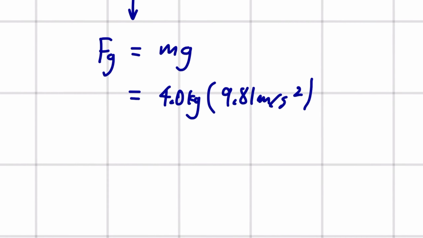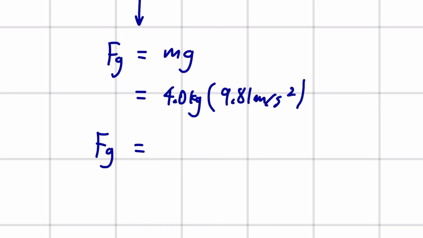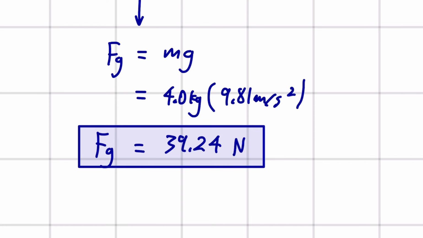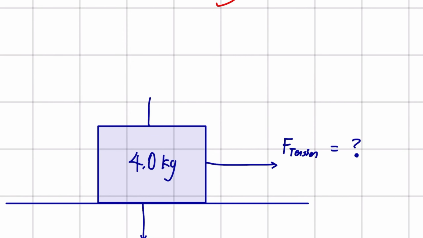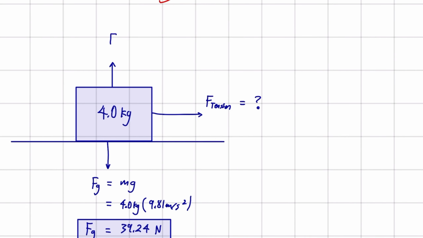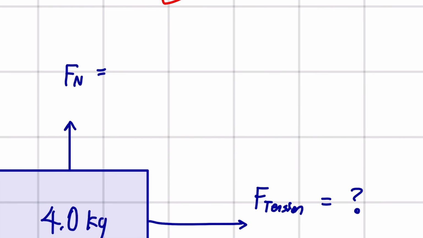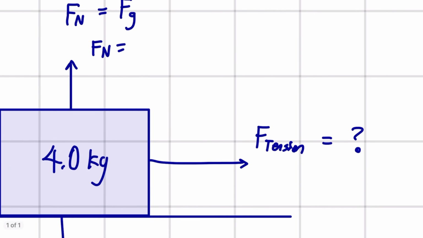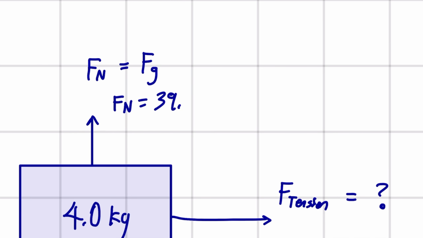And the value that Fg is equal to 39.24 newtons. And then the opposite of the gravity, going upwards, is going to be the normal force. That is equal and opposite magnitude to the force of gravity. So our Fn is just the same, but in the opposite direction, 39.24 newtons.